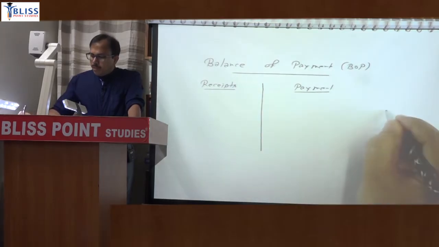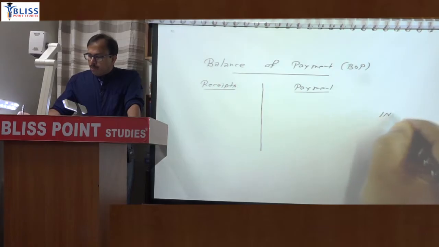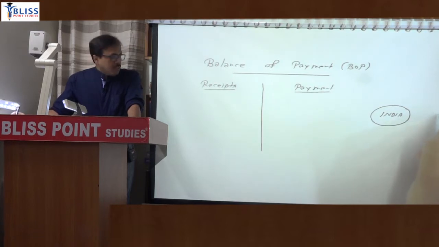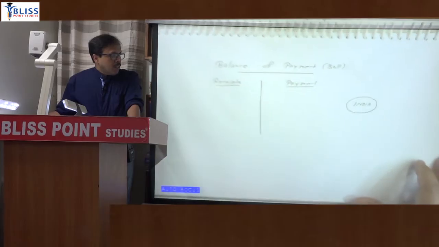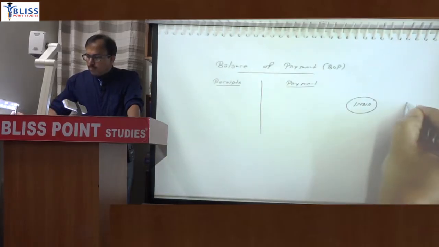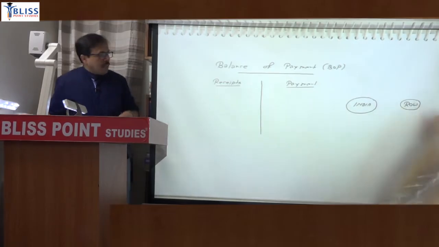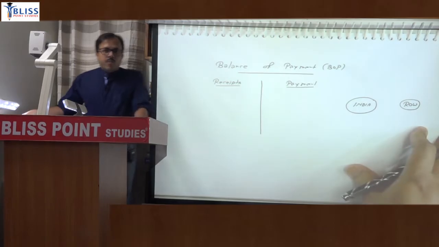So just keep in mind, if we are explaining balance of payment for India, then residents of the Indian economy are trading with or making transactions with the rest of the world. So club all other countries as the rest of the world.